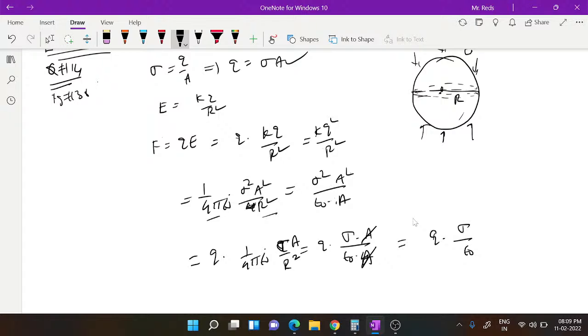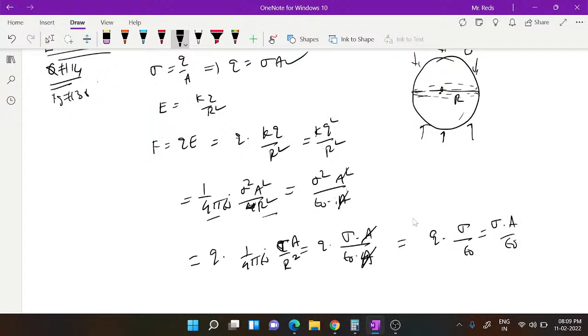If you write Q as sigma A, you get sigma into sigma, which becomes sigma square A by epsilon naught.